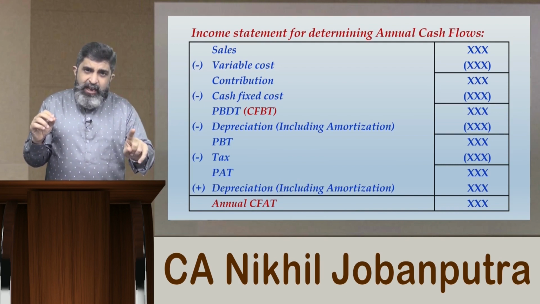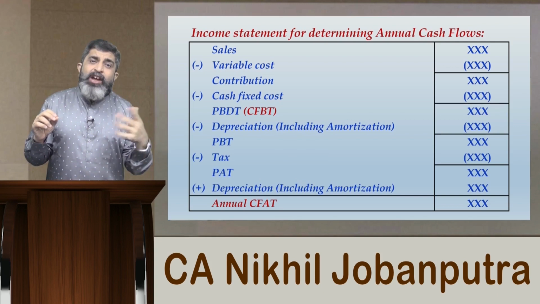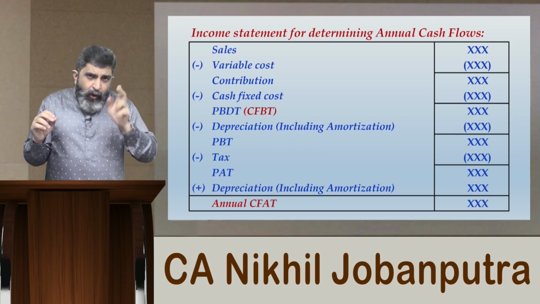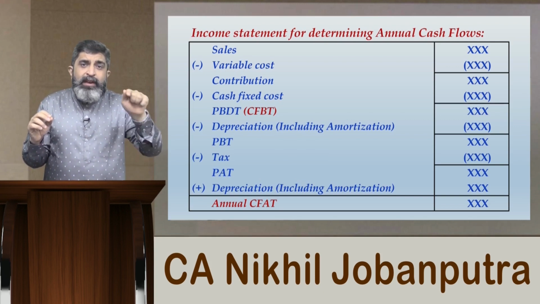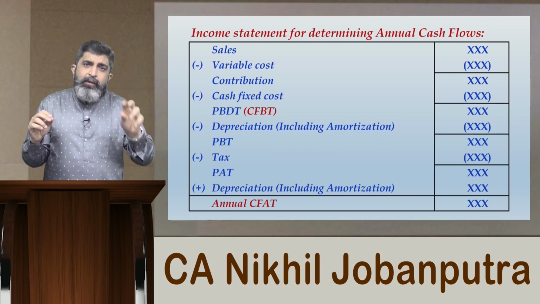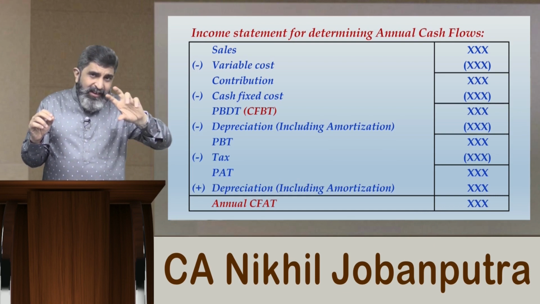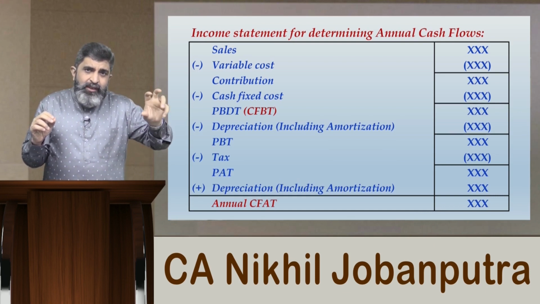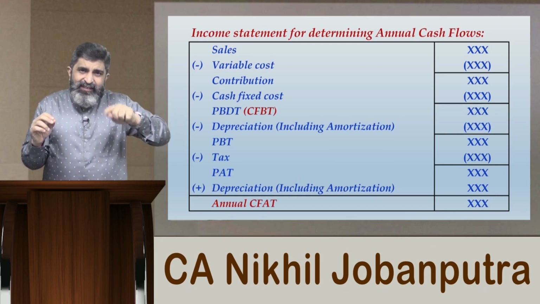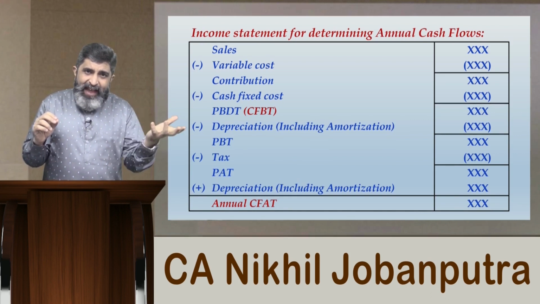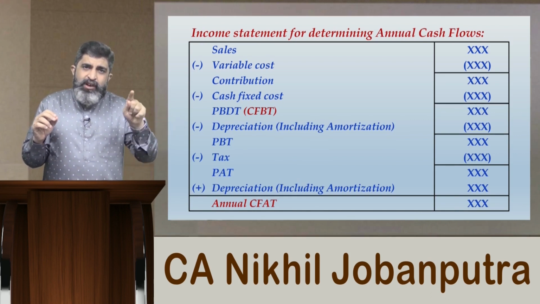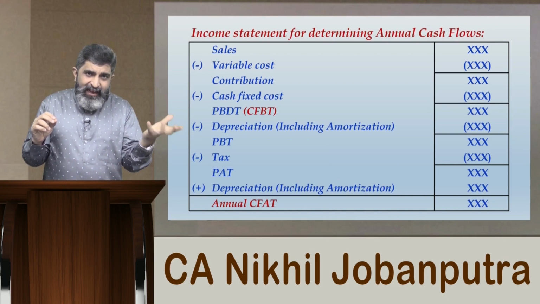It is definitely a profit, but profit before charging depreciation. And of course we have not paid tax, so we will call that profit as profit before depreciation and tax. So that segment of income statement reads like this: contribution 20 lakhs, less cash fixed cost 10 lakhs, profit before depreciation and tax is 10 lakhs.